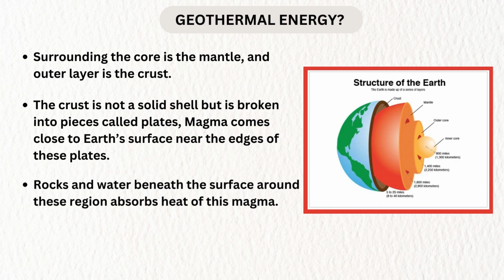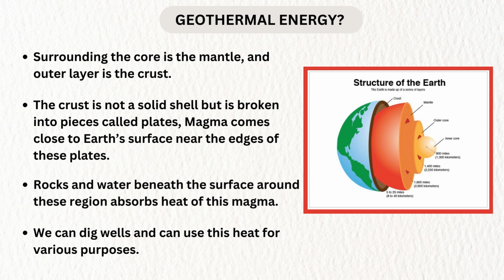Rocks and water beneath the surface around these regions generally absorb the heat which is available with the magma. So whatever heat of the magma is absorbed by these regions is used for the conversion of geothermal energy into useful work. Now how are we going to extract this heat? To extract this heat we can dig wells and use this heat for various purposes.